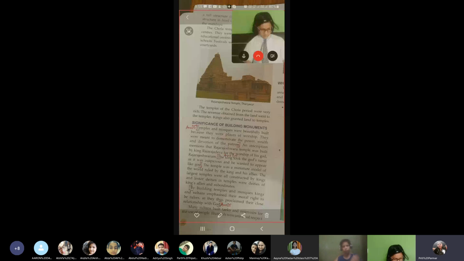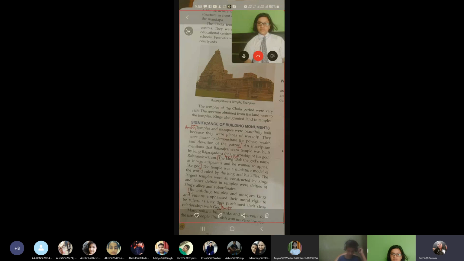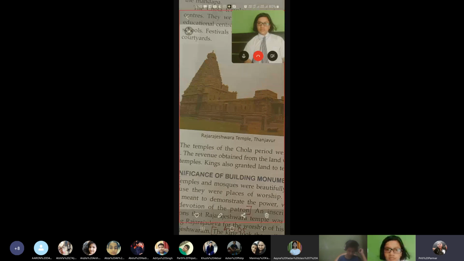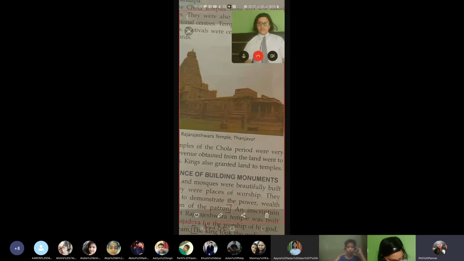So basically, the deities were the gods, and then there were small structures and statues built for the kings also, representing who made this particular temple. And here in the above picture, you can see the Rajarajeshwara temple at Tanjore. See how huge and vast it is, how beautifully constructed it is. So these were the reasons why the temples were made at that time.